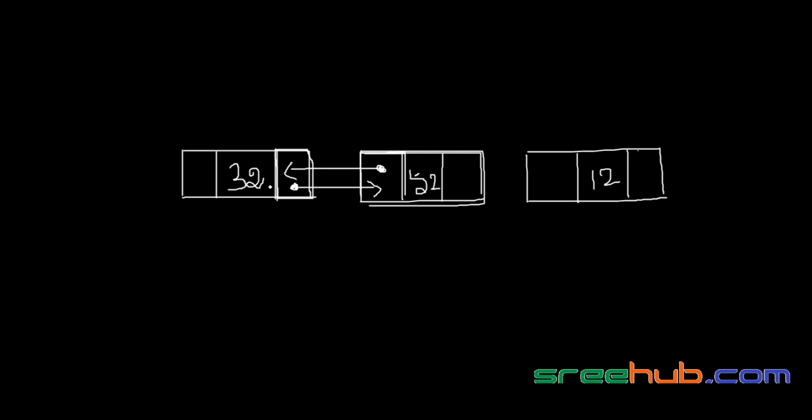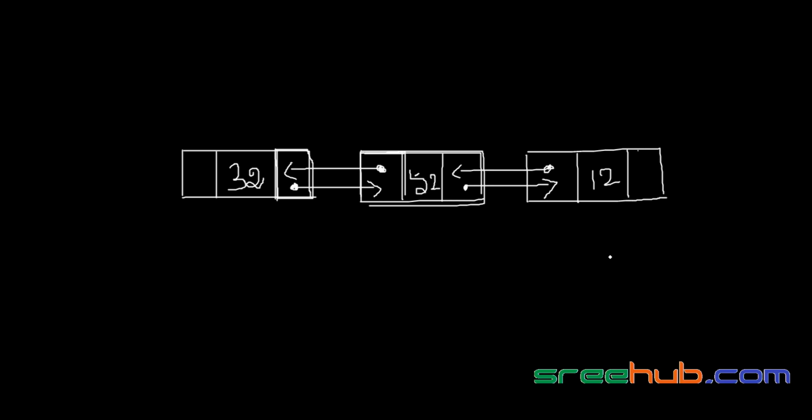This is how each and every node will be bonded. Again in the same way, 12's location will be saved here, and the same 52's location will be saved here, right? So this is how your linked list items will actually be arranged.